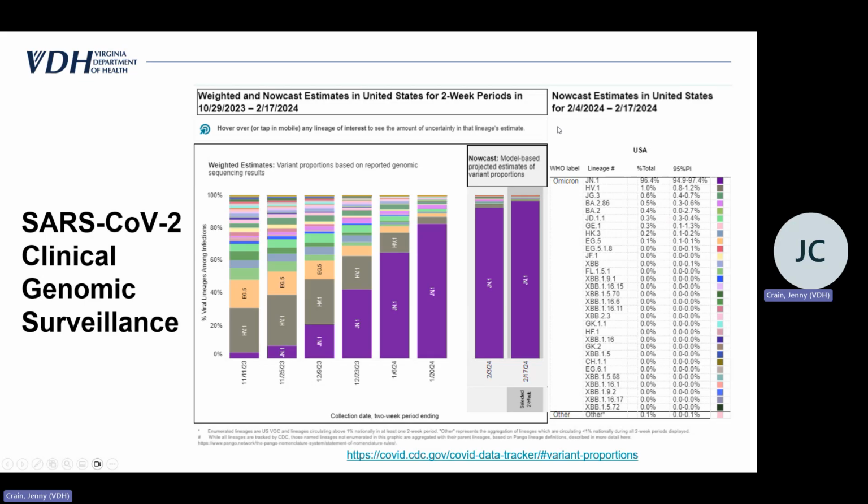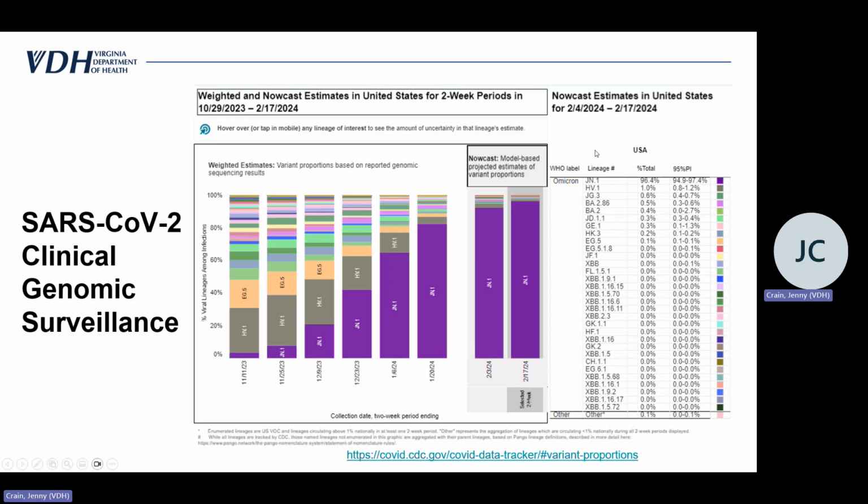And as the number of samples that we had on even an HHS region level dropped off, those nowcasts would become unavailable if there were less than, I think it was 300 samples. And so, again, we need to have a representative enough sample that we're collecting from to have that contextual information and to make some of these calculations so that we can predict and make these nowcast modeling estimates.